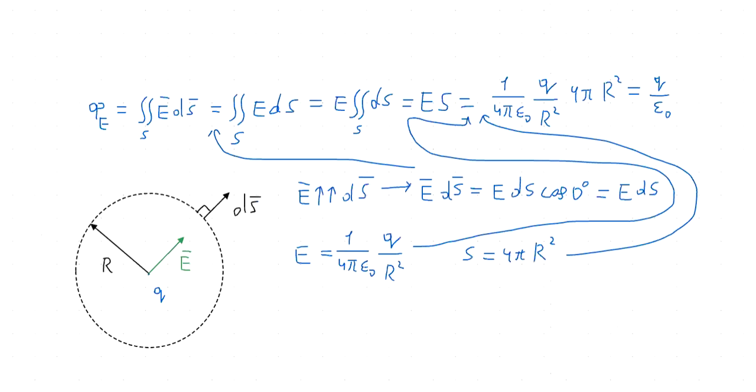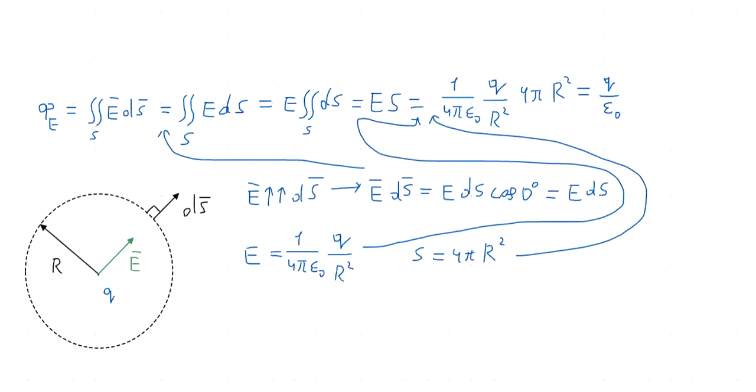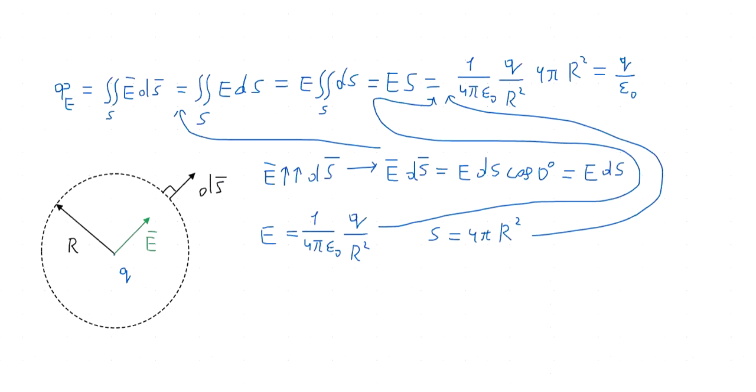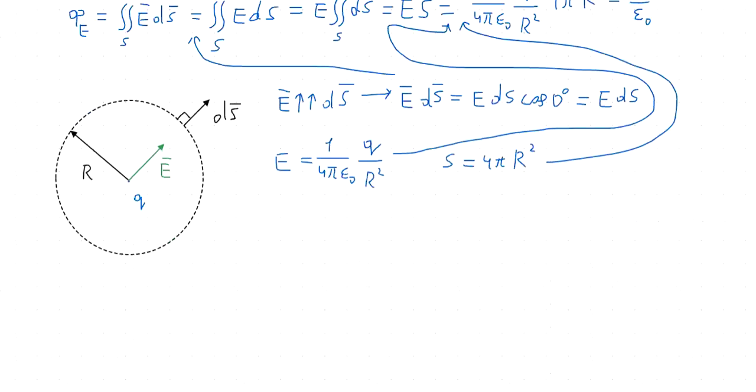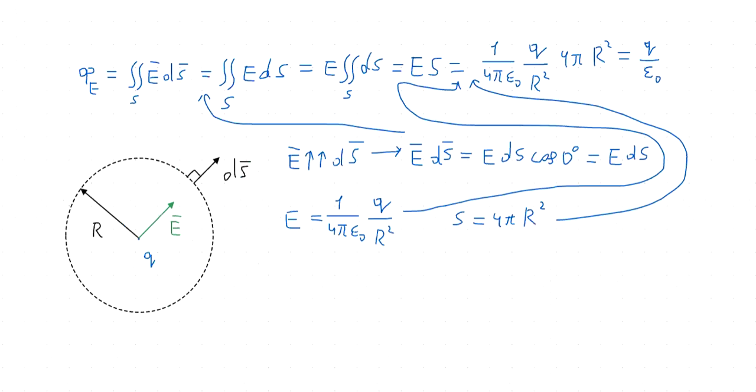And it can be written for any charge and for any surface. So not only for a point charge and not only for a spherical surface. The result will be the same for any charge and for any surface.